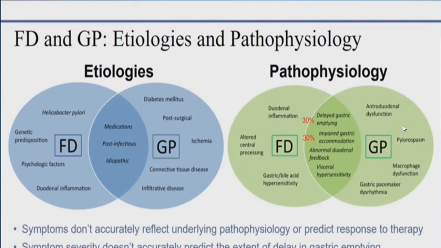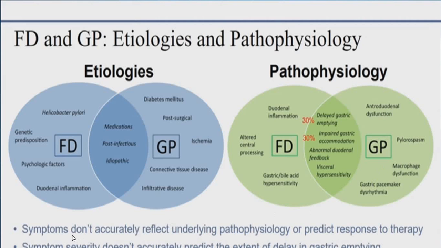While in gastroparesis, antral duodenal dysfunctions, hypofunction of antral part, hypofunction of the fundal part, gastric pacemaker dysrhythmia. There is also one pathophysiology called macrophage dysfunction, and there is a pyloric spasm. There will be a lot of other things which we will be discussing during gastroparesis.